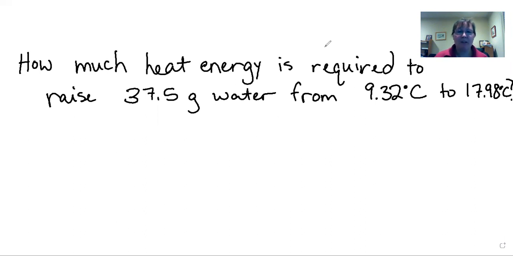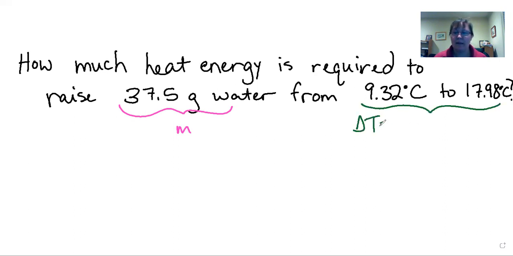Here we have the mass of our water, and here we actually have our delta T. It's final minus initial, not always positive minus negative. It's okay to end up with a negative number here, but we won't this time because we're increasing.